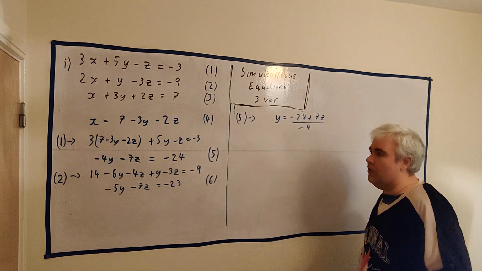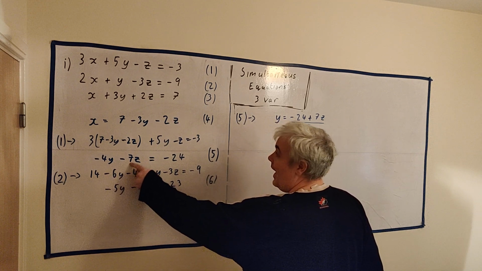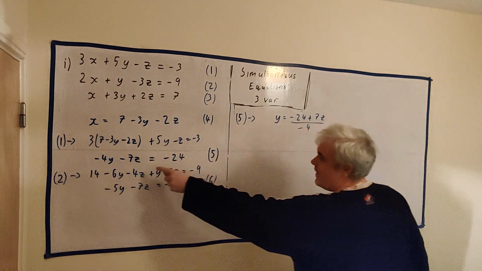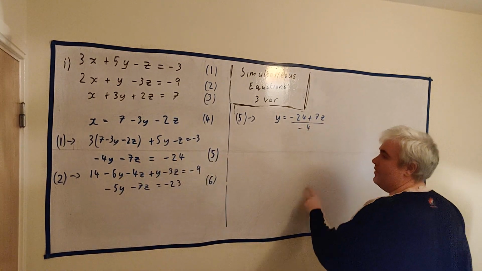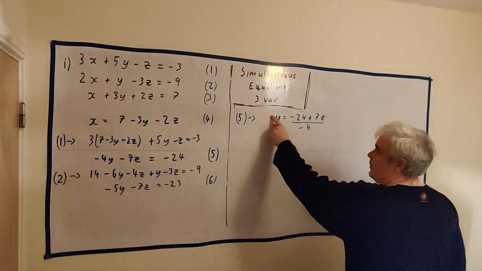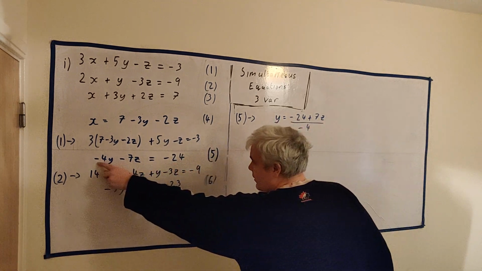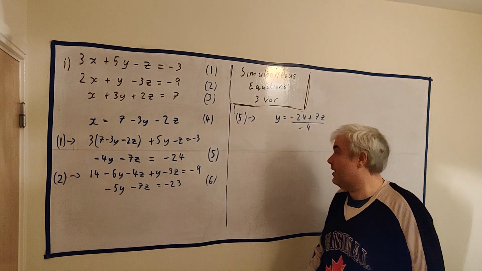So make sure you're aware of what I did there. I said y is equal, I added 7z to both sides, destroyed this, created this. I then divided both sides by minus 4, destroyed this one, created this one. So you should be able to do it quite quickly as you move on.